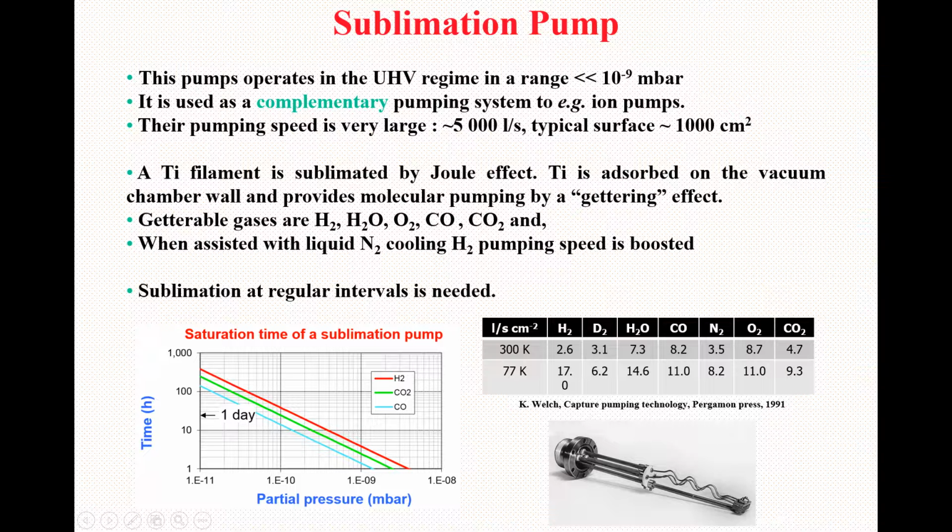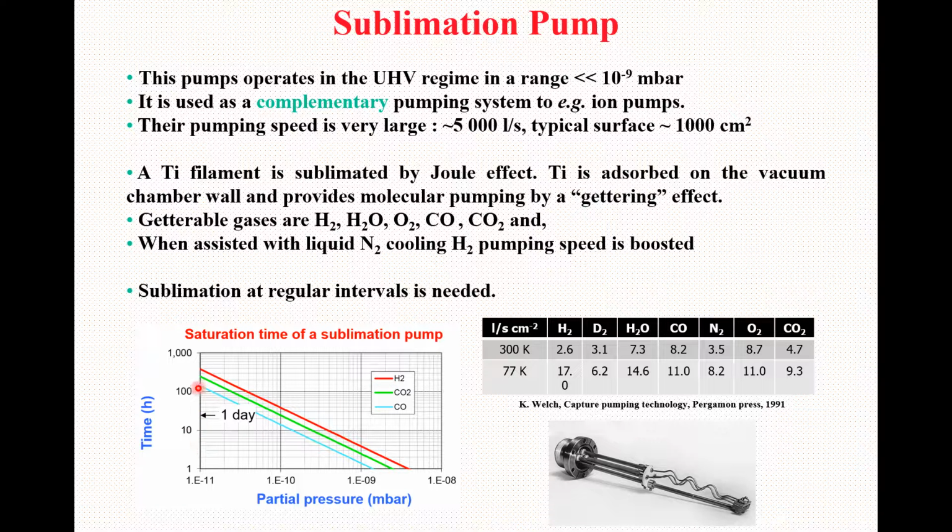Sublimation at regular intervals is required. Again, if you have a close look at the graph, the saturation time of the sublimation pump is described here. We have three different kinds of gases: carbon monoxide, carbon dioxide, and hydrogen molecules.